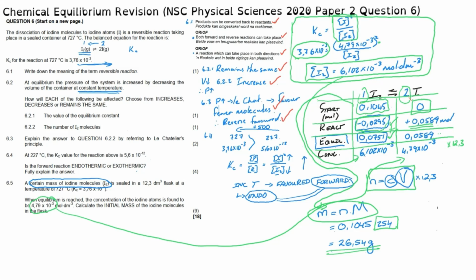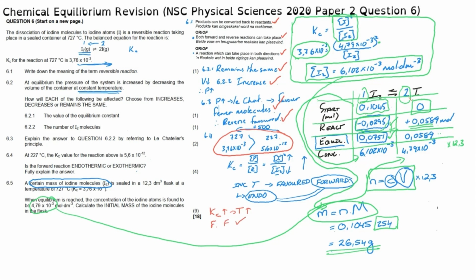Question 6.4 is a 4-mark question that requires a longer explanation. Our first mark was for explaining that Kc increases with an increase in temperature. That's what we've noticed from this part over here. When the temperature increased, Kc increased. What we could then say is that, therefore, the forward reaction is favored.